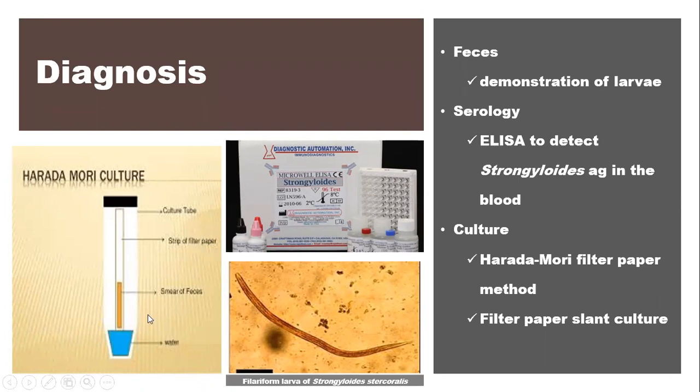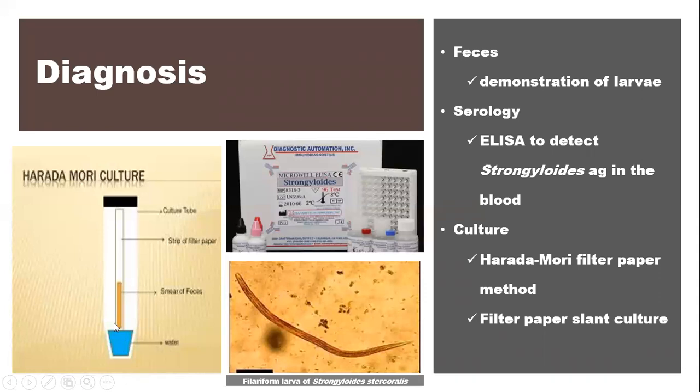What you're doing is you're taking the patient's stool sample and you're going to smear it onto a strip of filter paper, and you're going to immerse that filter paper in warm distilled water. And you make sure that you have at least an inch of interface between the water and the stool sample.